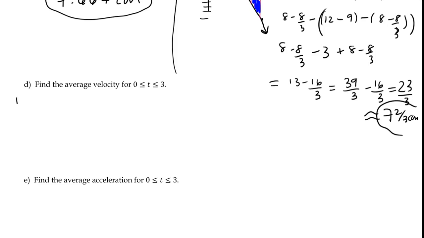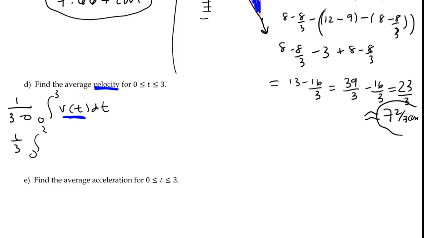We're just going to do 1 over, this is the average value formula, so 3 minus 0, 1 over b minus a. Then we're going to integrate from 0 to 3 of v of t dt. I'm writing v of t on purpose here so that I can show you that average velocity means to integrate velocity, so long as you divide by b minus a. So then I'm going to have 1/3.